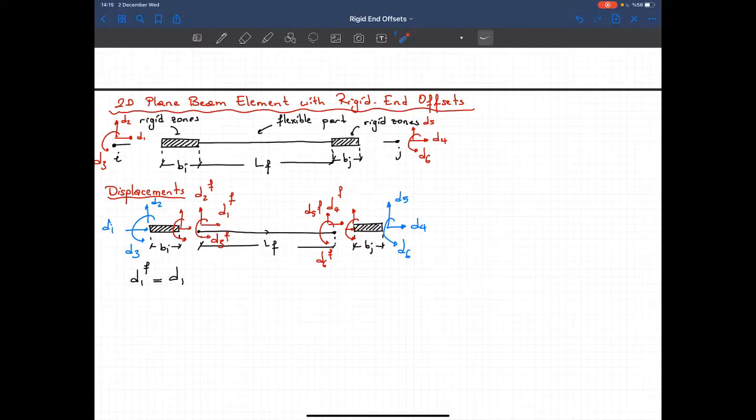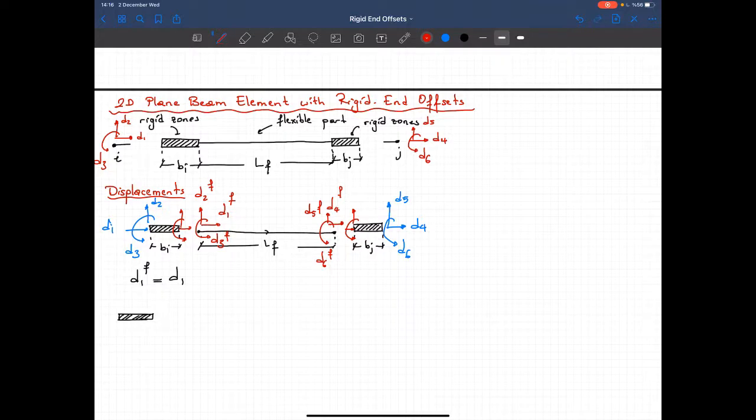Now the second relationship. Let's say that this one moved by dt amount, so I should have the same translation here, but I have also a rotation, and that will be a rigid rotation. This member cannot bend. So because of that rotation, the translation at this end should be larger. Let me draw the figure so you can better understand. Initially it was like this.